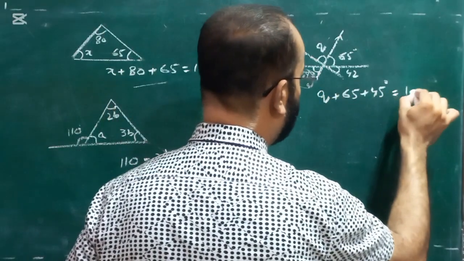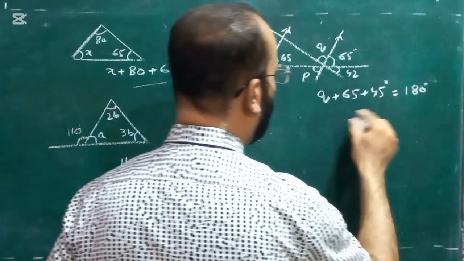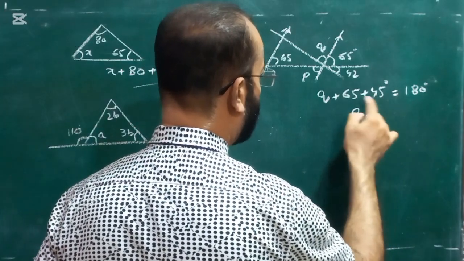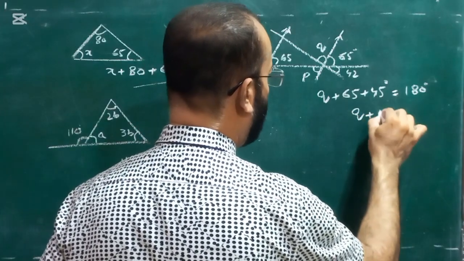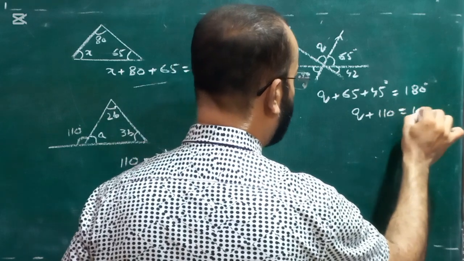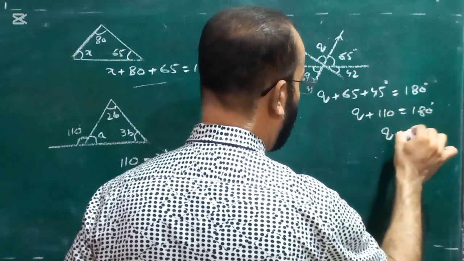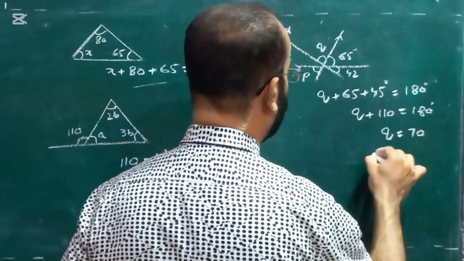That should be equal to 180. From here, Q plus 70, 110 is equal to 180. 110 will go to the right side and Q is equal to 70.